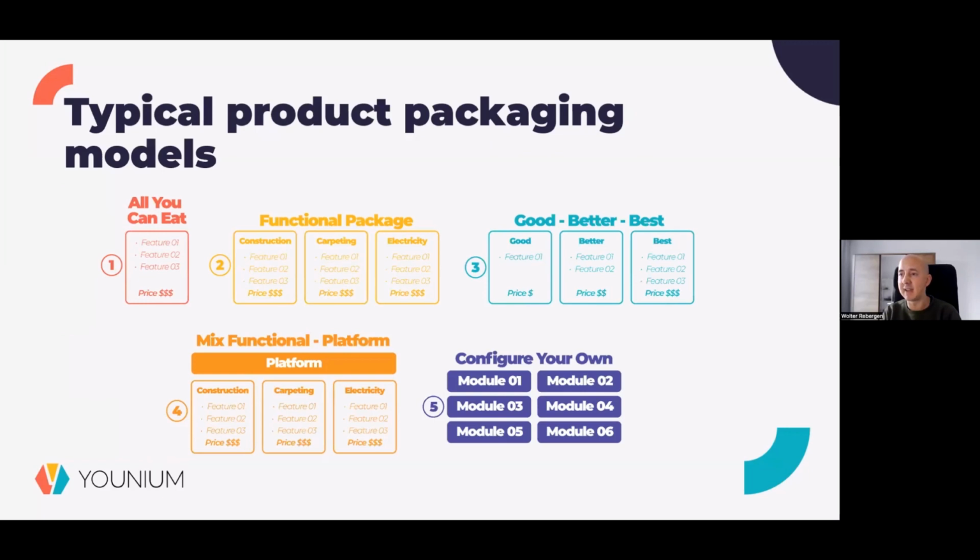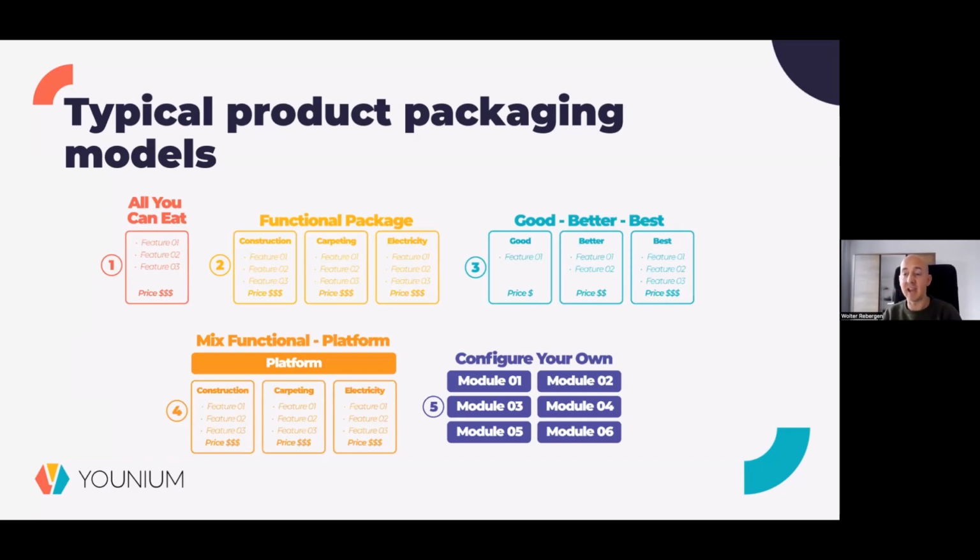And I think number one is all you can eat. So you have one price, your solution costs X and everything is included. It would be nice if you have that, but it's a rare form, but it is still absolutely relevant and there for many solutions. Then you have the functional package.